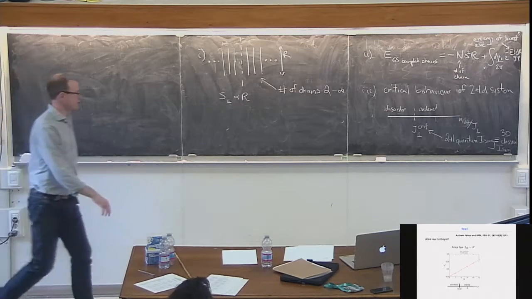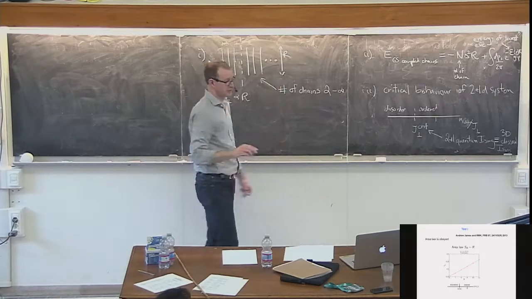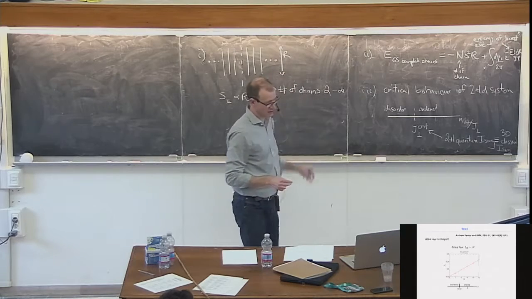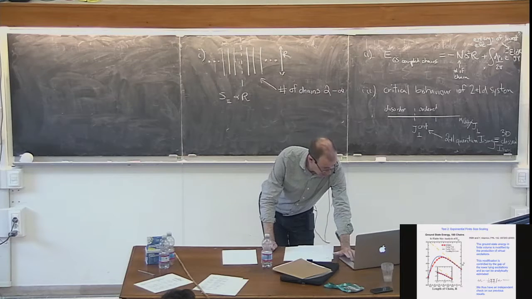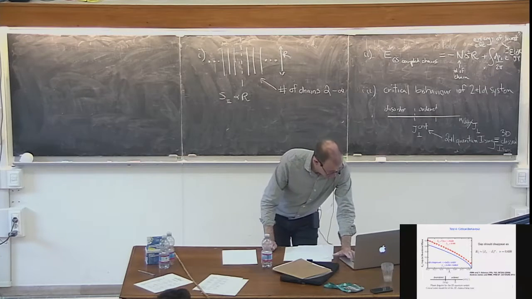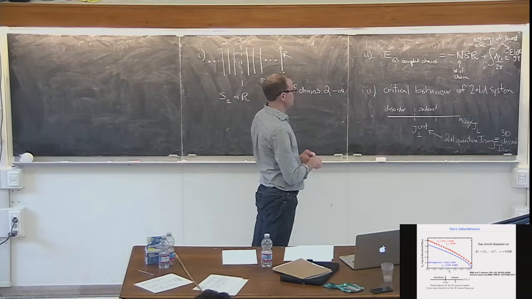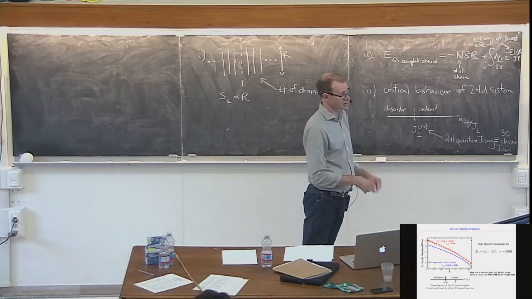But because we have a relevant perturbation, and because we can keep the chain length reasonably small, here we go, we can make a reasonable estimate of the critical exponent.